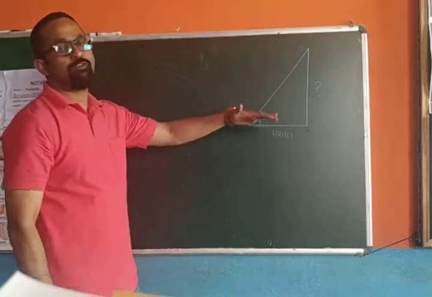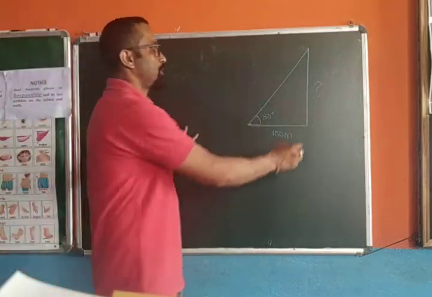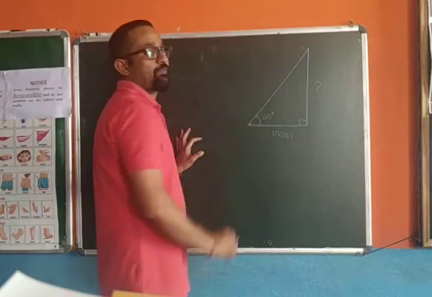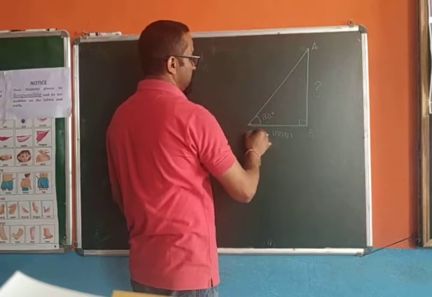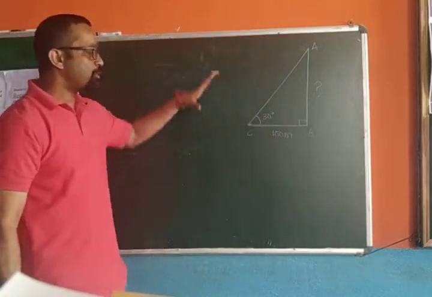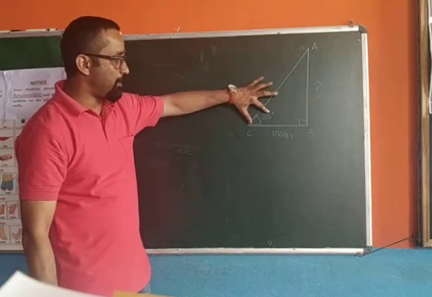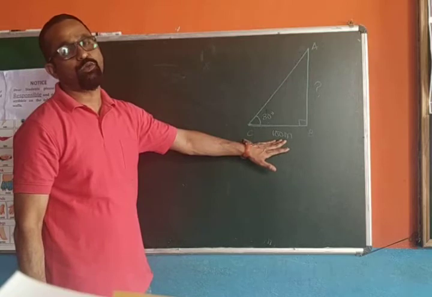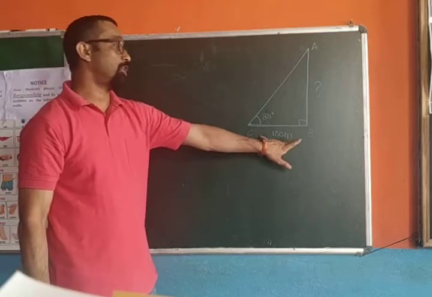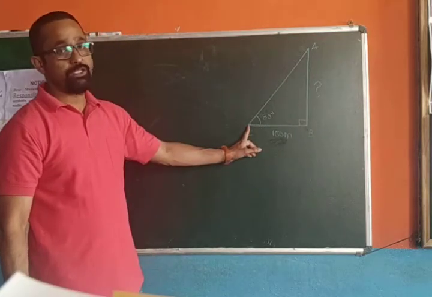We draw the relevant diagram, and it is always a right angle triangle. You name this figure as ABC. If you look at the given diagram, you know the angle of elevation, you know the base, the distance between the foot of the tree and the point.